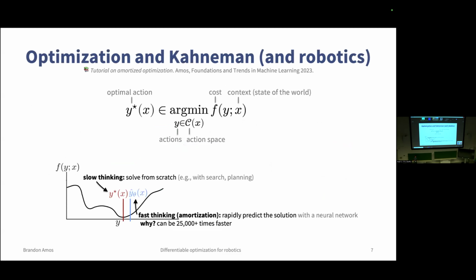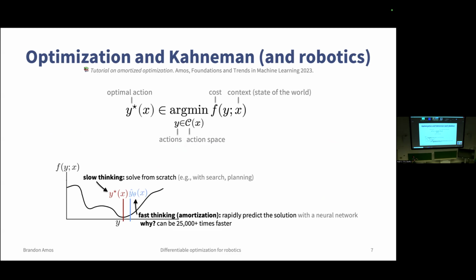And now I want to briefly shift gears to another topic I've been pretty interested in lately, on the amortization side, and somewhat related to Kahneman's modes of thought, like fast and slow thinking, and robotics, which we'll get to.